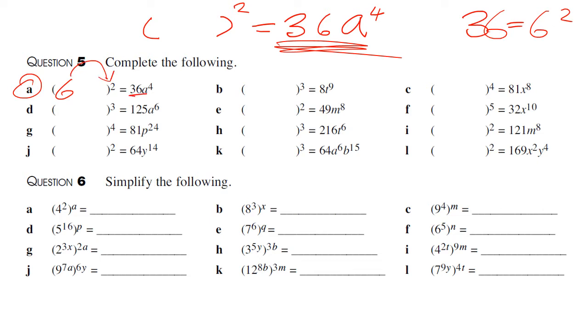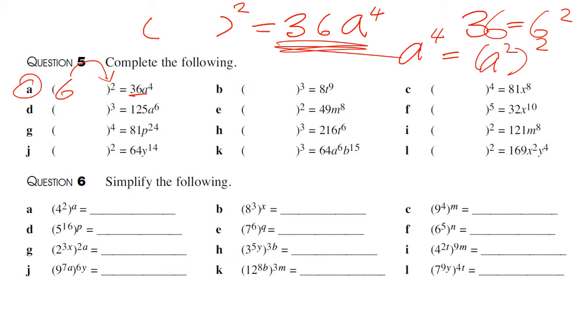What about a to the power of 4? What squared is going to give me a to the power of 4? Have a think about it. Well, think about what rule we have been using. We've been using the third index law, or the multiplication rule. Right, so what about a to the power of 2?